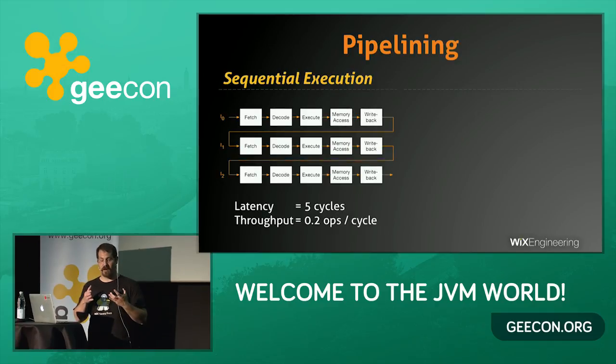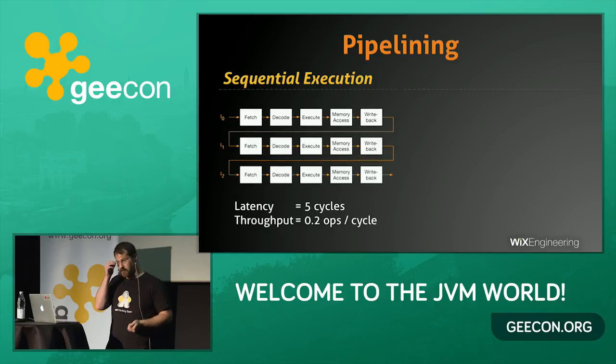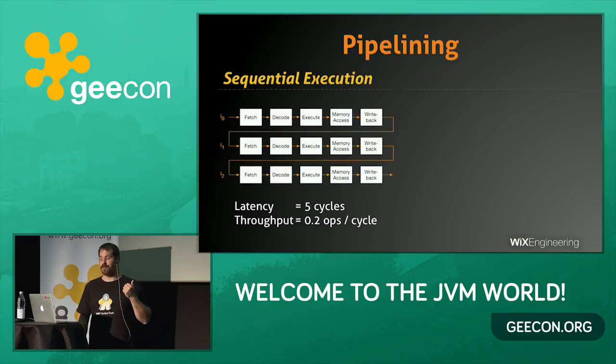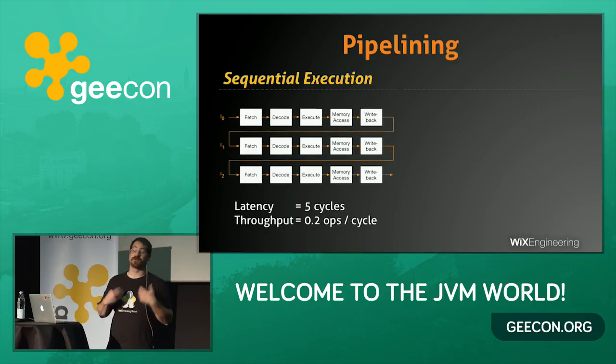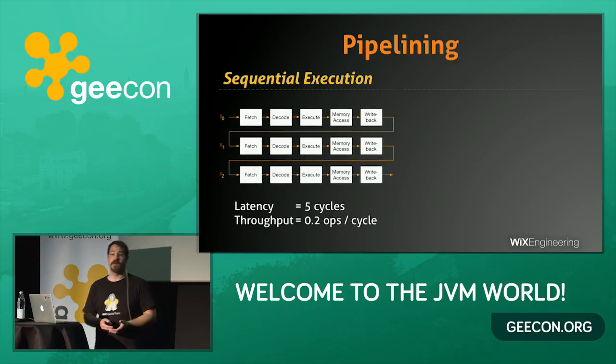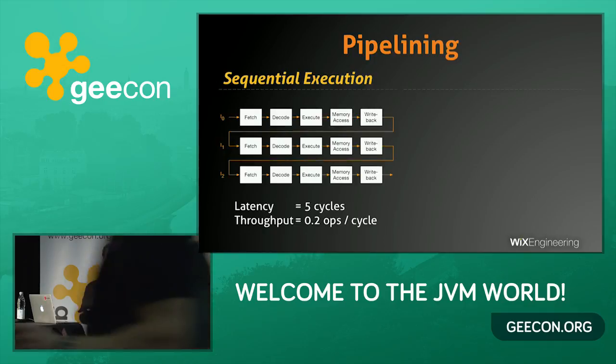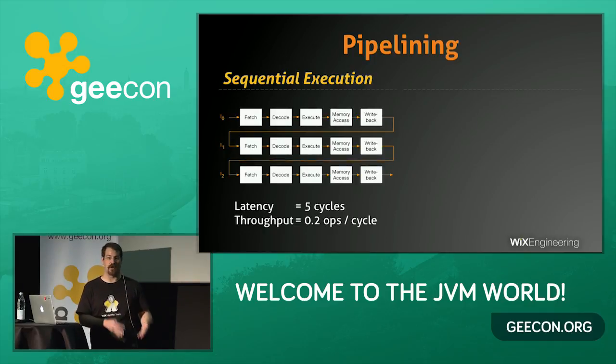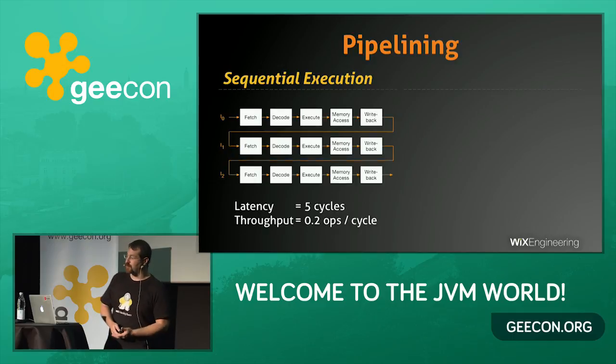If a step in the life cycle of a particular instruction takes a single CPU cycle, the throughput here is lousy, right? It takes 5 CPU cycles to deal with. The word that is commonly used is retire a single instruction, but you deal with them sequentially, so your throughput is basically 0.2 instructions per clock cycle, and that is bad.